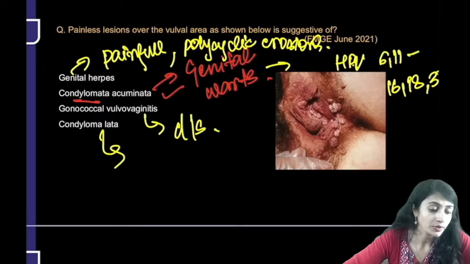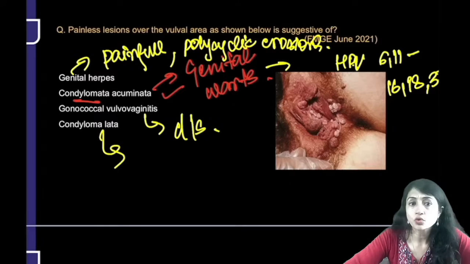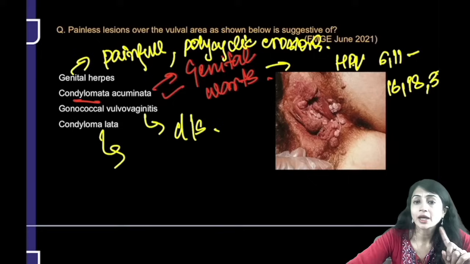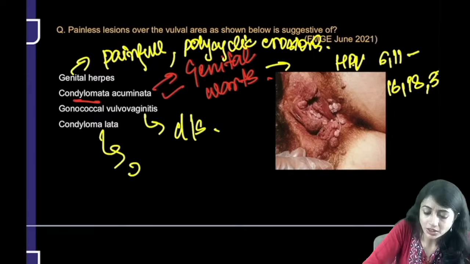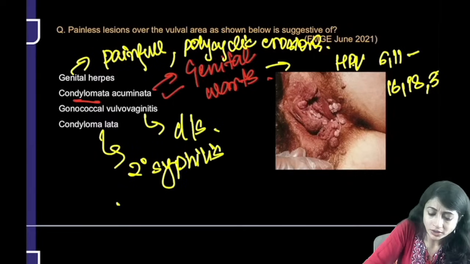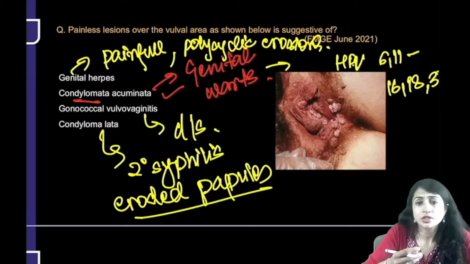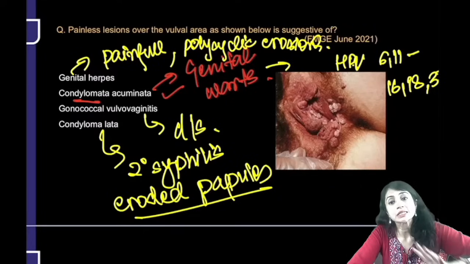Now I want to know what is condyloma lata, because I saw one of you writing this as condyloma lata. Yes, condyloma lata is a manifestation of secondary syphilis and it presents with eroded papules. You see erosions, and these erosions have a discharge coming out which is teeming with spirochetes.